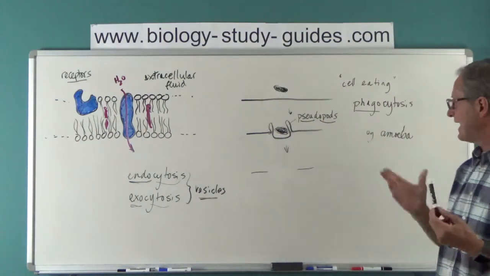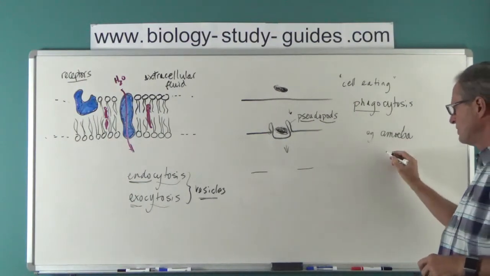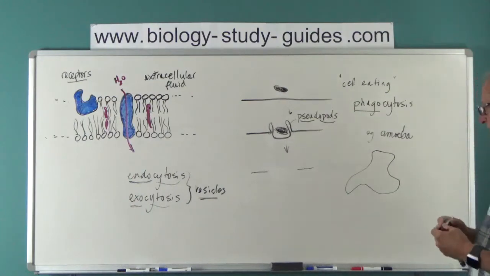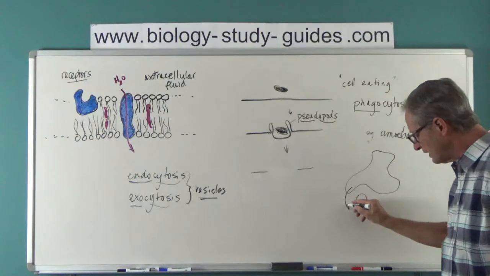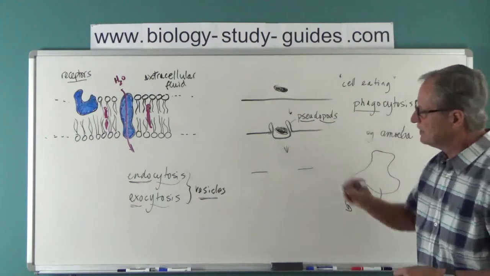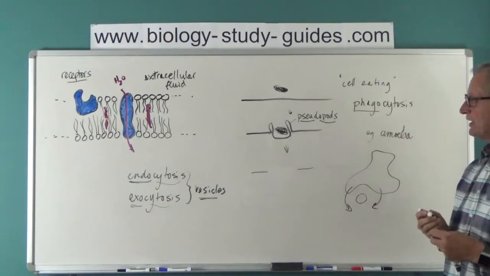Now the reason it has that name is in a large sense, if you look at the amoeba, an amoeba is one of these cells that has random changeable shapes. These things are called pseudopods, and when amoebas encounter food, they literally send their pseudopods out and engulf it like that. So even in cells which aren't as active as amoebas, they still carry out phagocytosis.